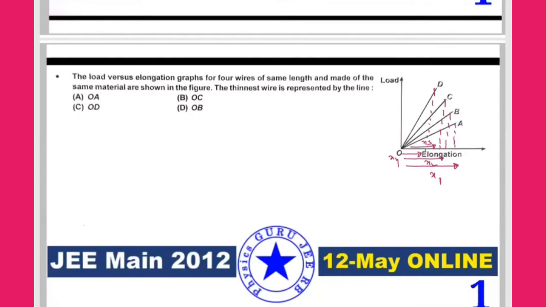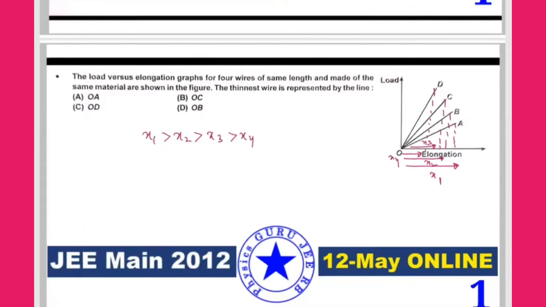So very clearly it is observed from the diagram, for the same length, X1 is greater than X2, greater than X3, greater than X4. For a given load or external force, these are all elongations.